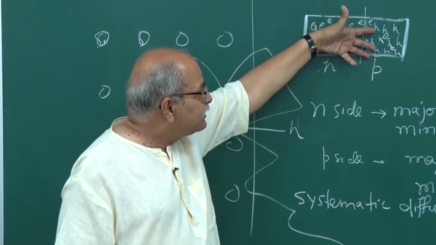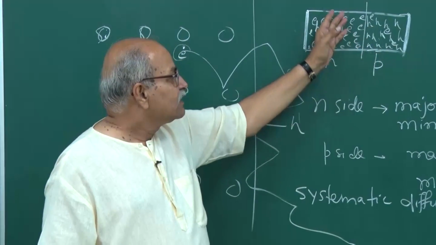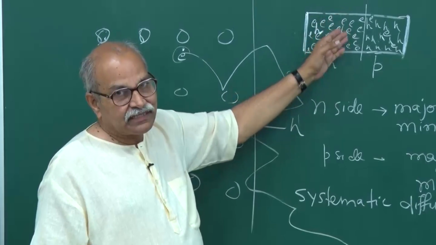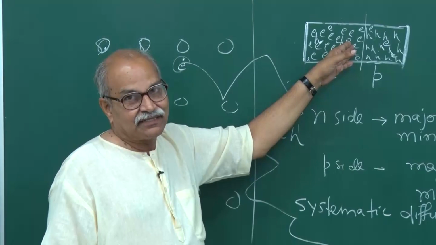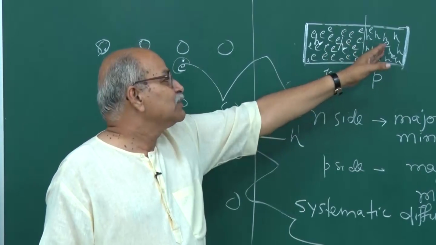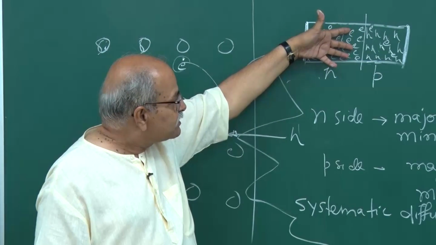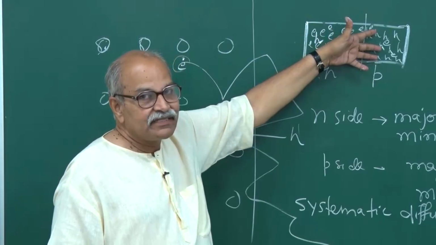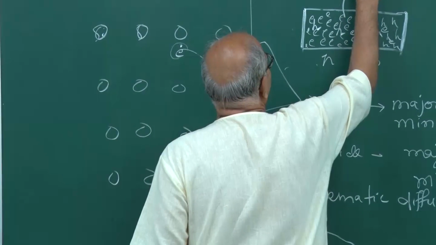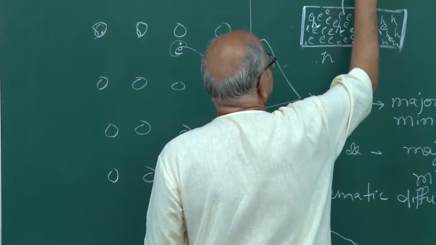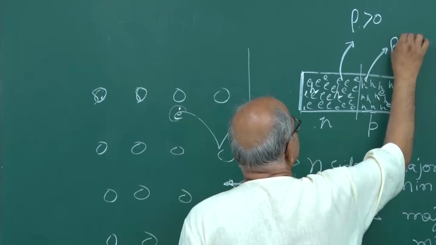They will create a negative charge density here, and then these holes going from right to left will create a positive charge density here. Electrons leaving itself is creating positive charge density. So, both ways, holes coming from here, electrons going from here, you will have positive charge density on this side and negative charge density on this side. So, you have a charge appearing, rho which is positive here, and a charge appearing here, rho which is negative.